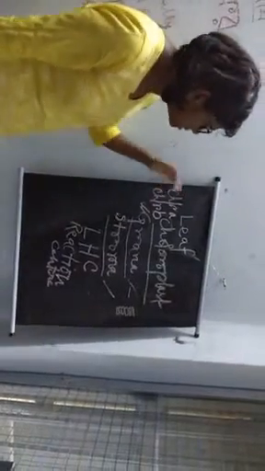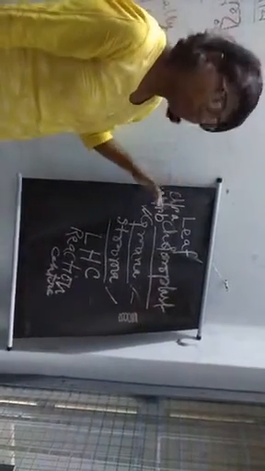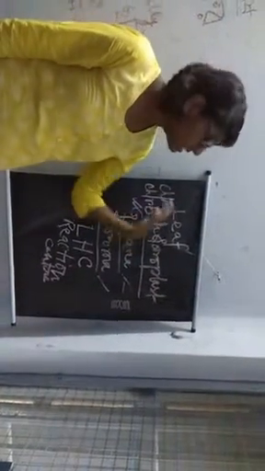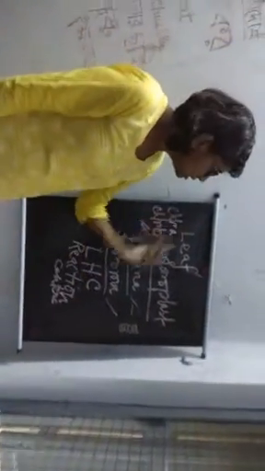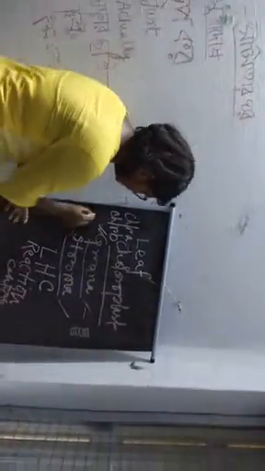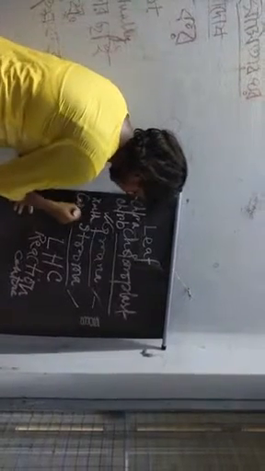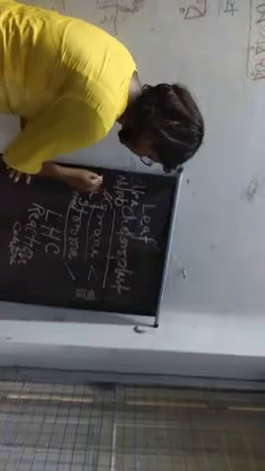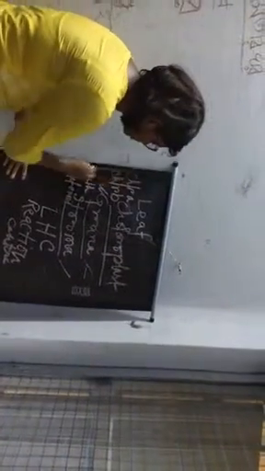Other than the green pigment chlorophyll, there are other pigments also, but their colors are different. Those pigments are called xanthophyll and carotenoid. Xanthophyll, carotenoid and chlorophyll B.